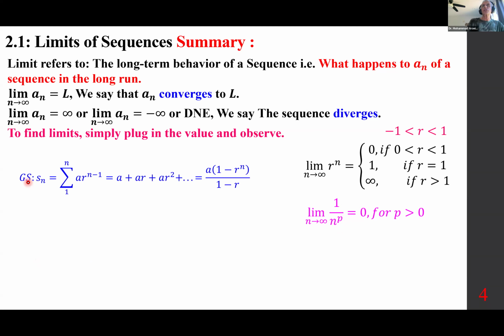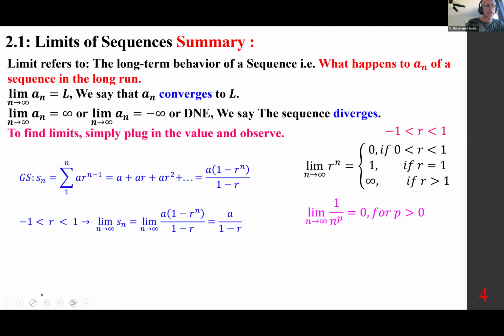You remember geometric sequence and now geometric series. When we add them up in algebra, you remember the summation. This is the summation of a r to the power of n minus 1 going from 1 to n. Add them up, you get a times 1 minus r to the power of n over 1 minus r. If r is between -1 and 1, remember, this limit goes to 0, so this goes to 0.